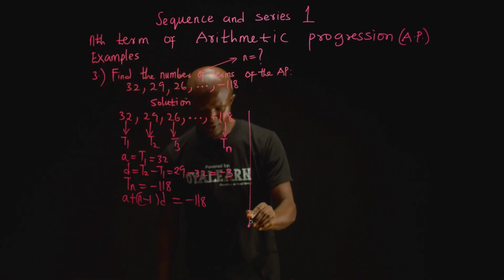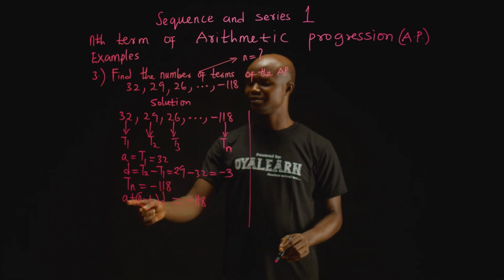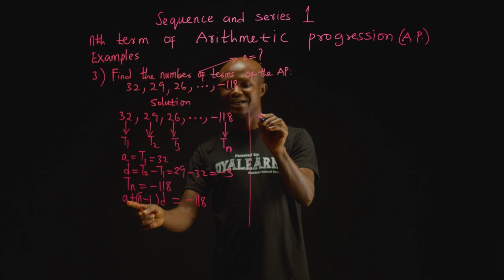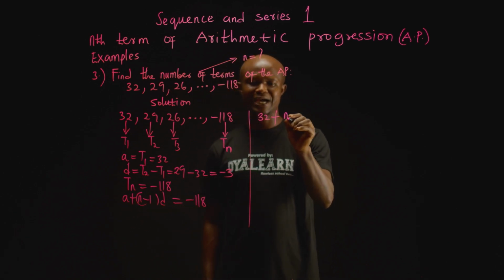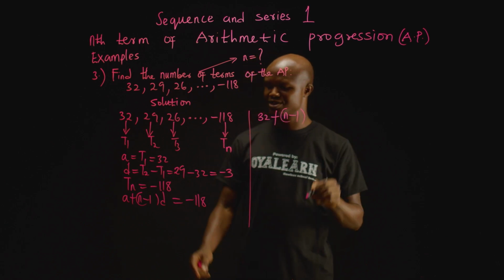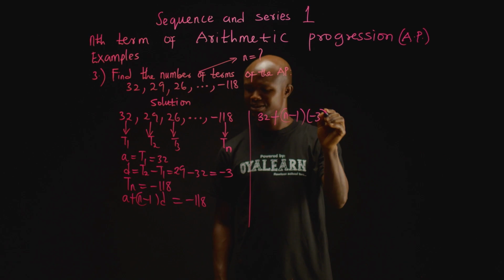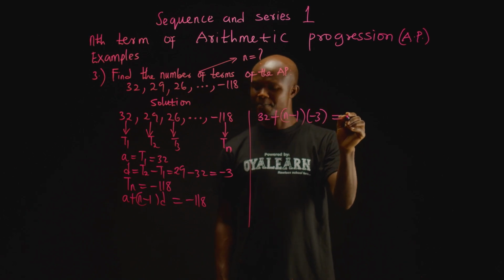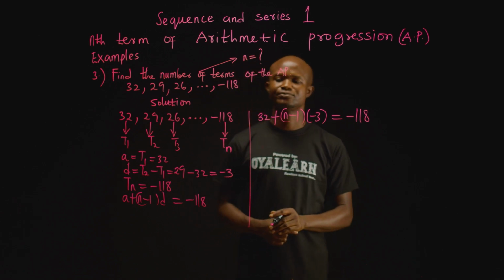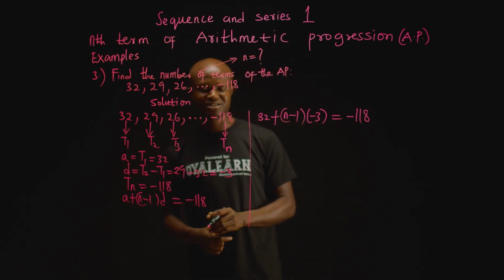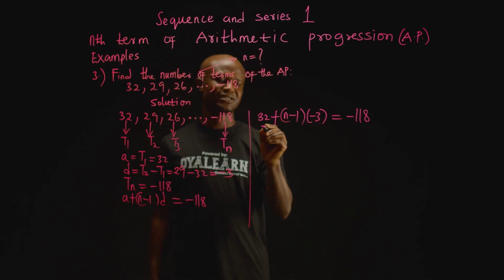We know the value of A, so we substitute: 32 plus (n minus 1) times the common difference, which is minus 3, equals minus 118. So in this case, we need to expand the bracket.